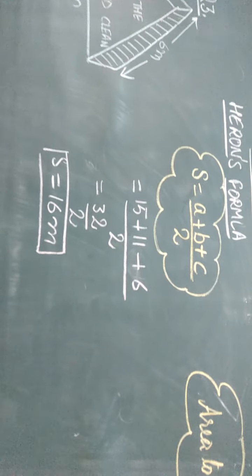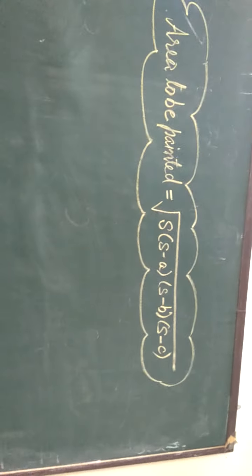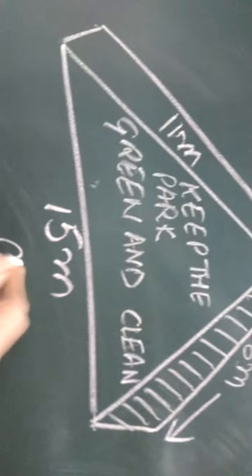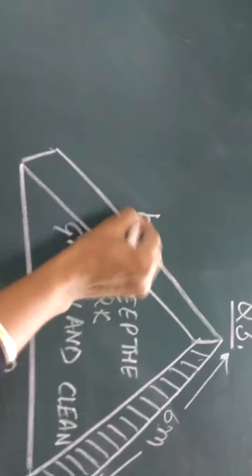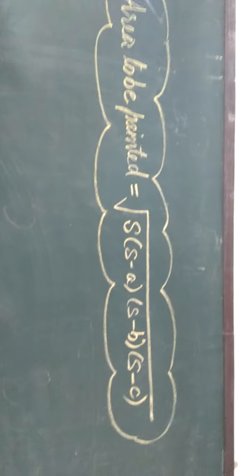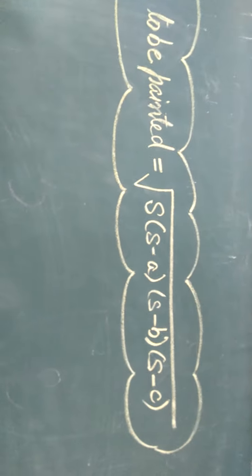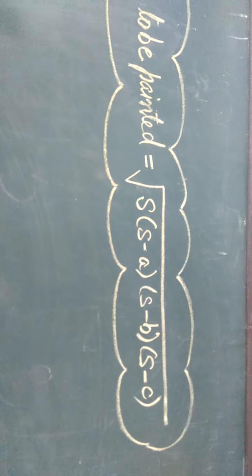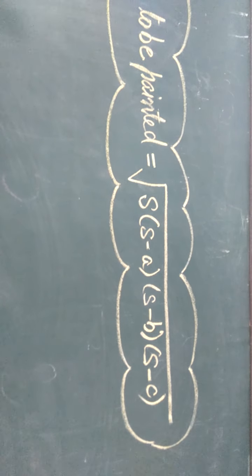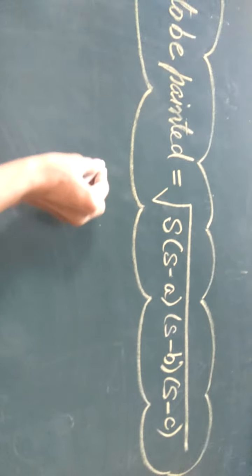So dear students, now let us put this value in our formula, and we can take this as A, this as B, and this as C. So let us start putting the values in the area formula. Area to be painted is equal to square root of S into S minus A into S minus B into S minus C. So let us start putting the values in this.